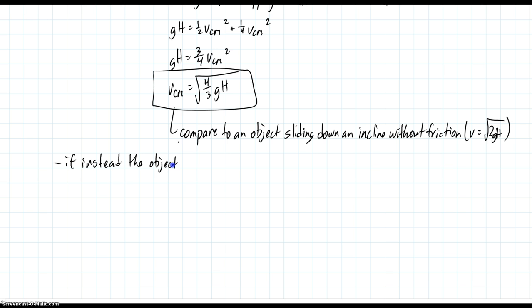Same mass, same radius. We can again look up the expression for the moment of inertia. We can see that for a solid sphere, it is 2/5 mr squared.